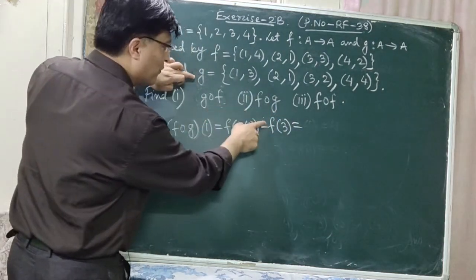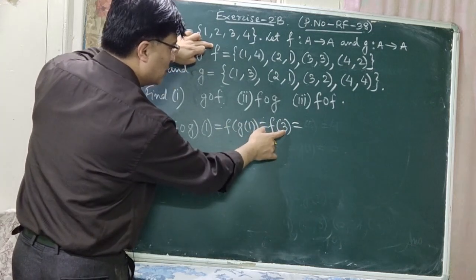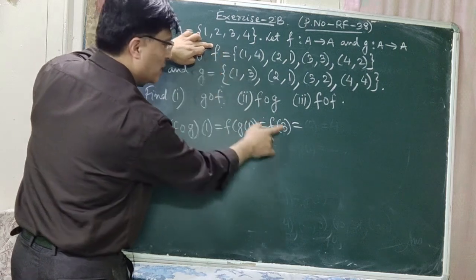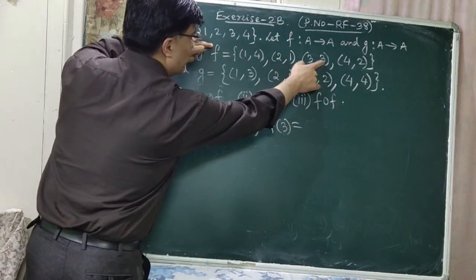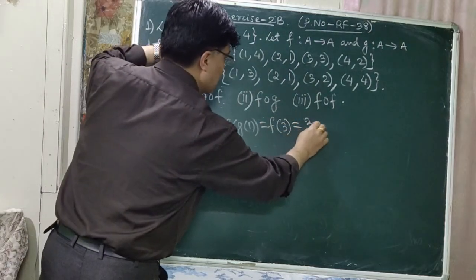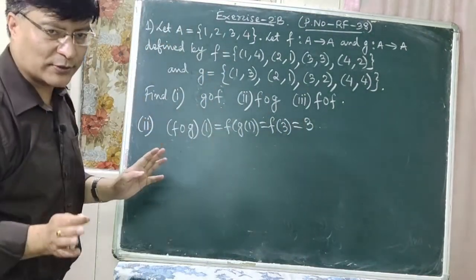Now how will you get the value for f of 3? This 3 is related with 3 under f. So the value for f of 3 is 3. So I think you have understood it.